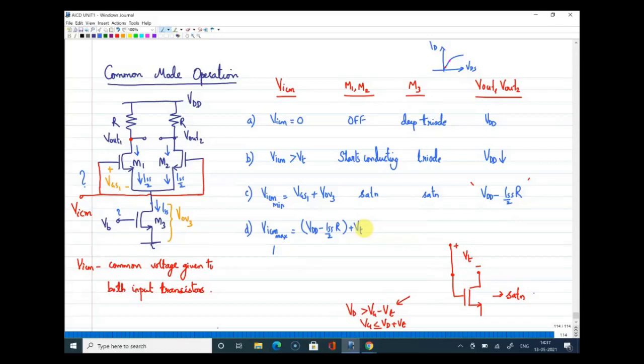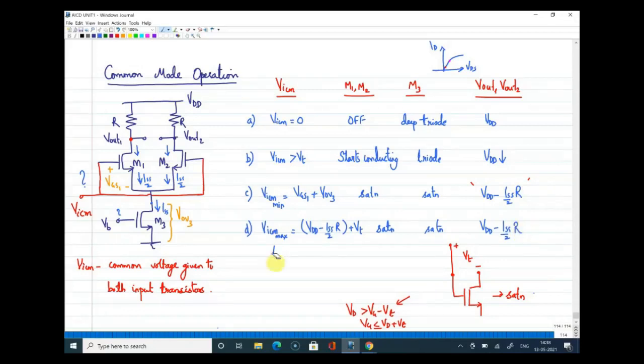Even for this condition, both transistors will be in saturation. So your V out 1 and V out 2 will still be, if equal currents are flowing, equal to the same VDD minus ISS by 2 into R.